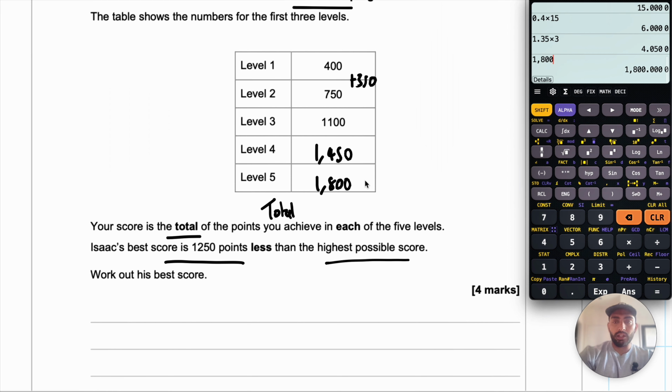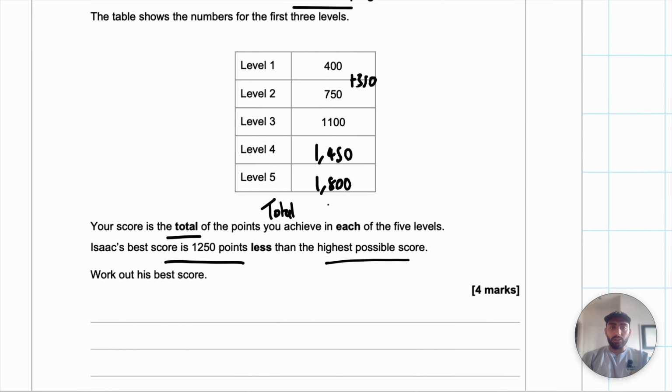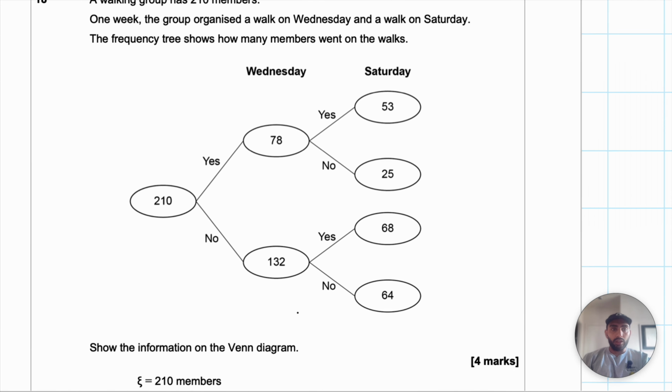So it's 1,800 plus 1,450 plus 1,100 plus 750 plus 400, which is 5,500. We know Isaac gets less than that, 1,250 less, so 5,500 minus 1,250, that'd be 4,250. That's his score.